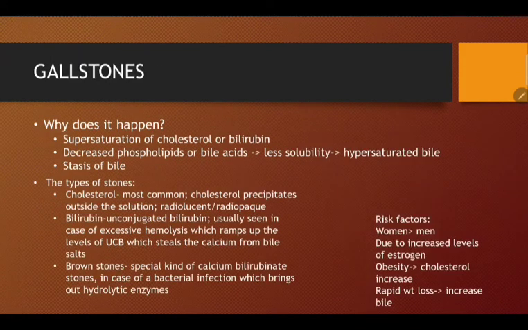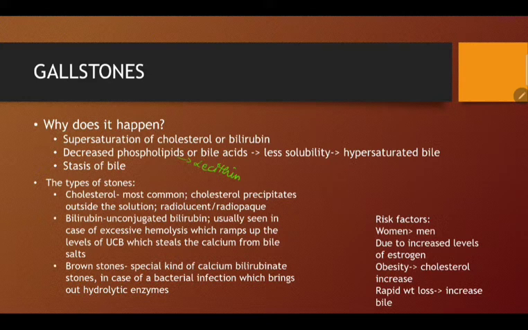Just touched on that. So the first pathology is gallstones. Why do gallstones happen? It happens because there's a supersaturation of either cholesterol or bilirubin. Or else there's a decreased amount of phospholipids, specifically lecithin, or bile acids, which means there is less solubility of the cholesterol and of bile.